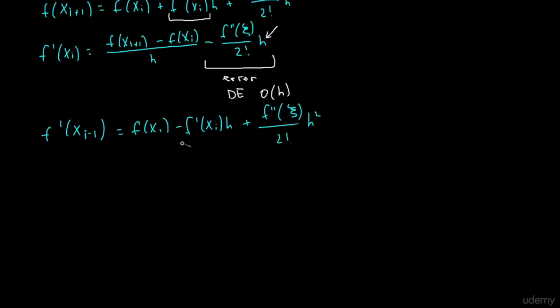Once again you solve for the first derivative, and in this case the discretization error is once again on the order of h. So the question is whether we can improve upon this.